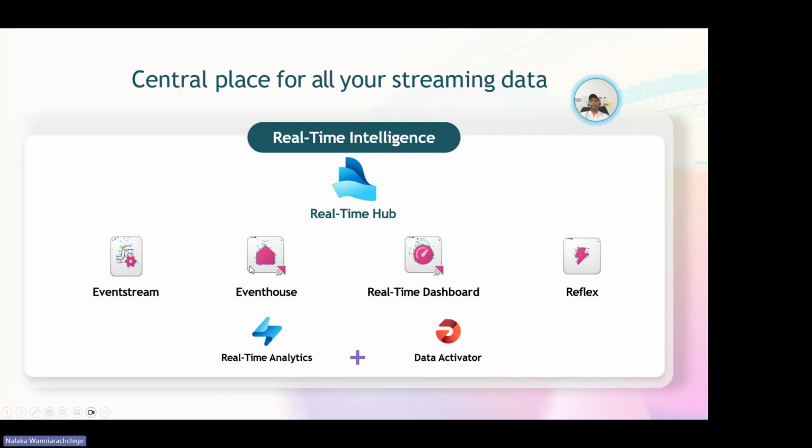And the event house is the place that houses all the KQL databases. If you have not heard about KQL, it is called the Kusto Query Language, which is highly optimized for real-time data. Because when you are working with real-time data, SQL, if you are familiar with it, or the normal languages are not enough.